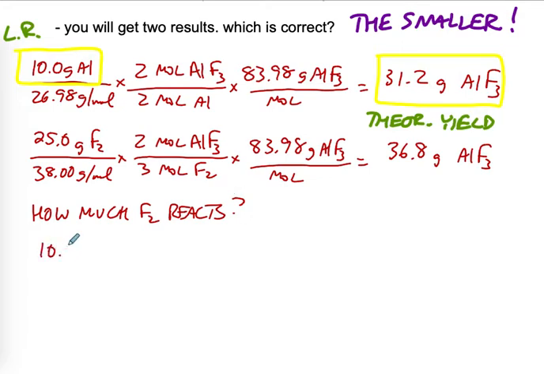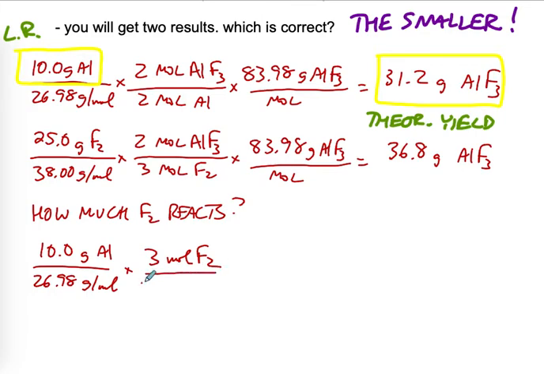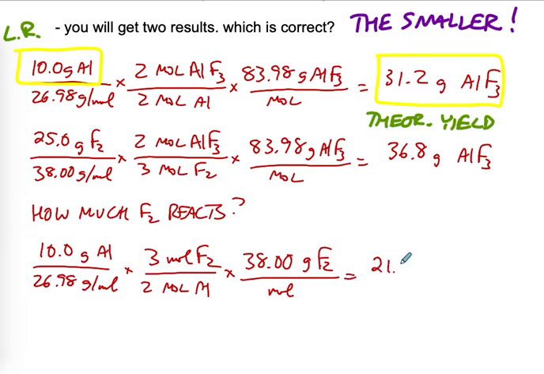So again, starting with the grams of the limiting reactant, which everything starts with, converted to moles, I will multiply that by the mole ratio. 3 moles of fluorine used up for every 2 moles of aluminum I start with, times the molar mass of fluorine, tells me that 21.1 grams of fluorine actually reacted.